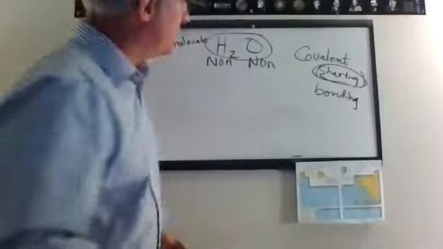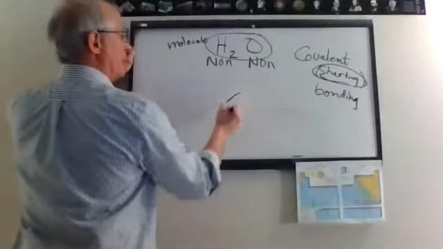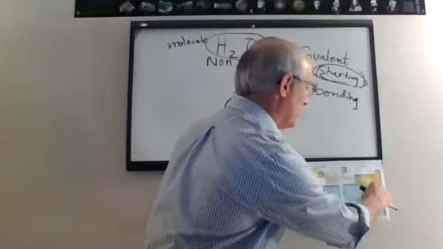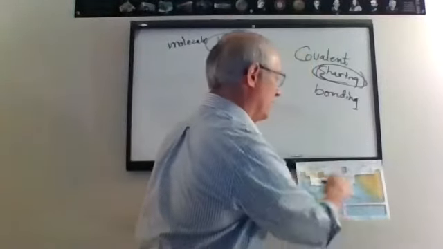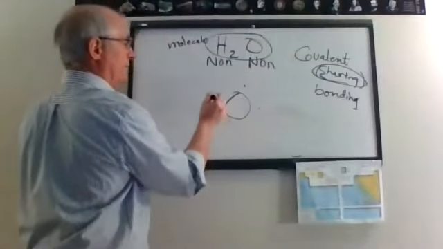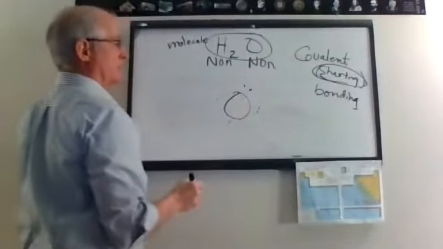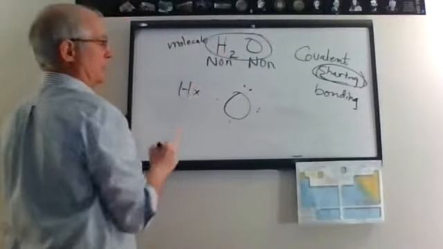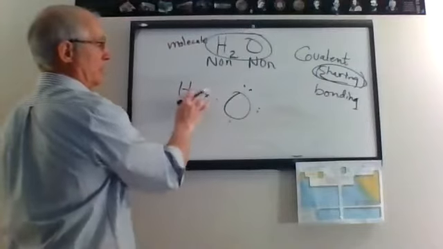Okay, so let's take a look at this. We've got oxygen, and on its outermost energy level, which is the second energy level, it has 6 electrons. 1, 2, 3, 4, 5, 6. And then the hydrogen comes along. It has 1 electron. He throws his electron in the middle.